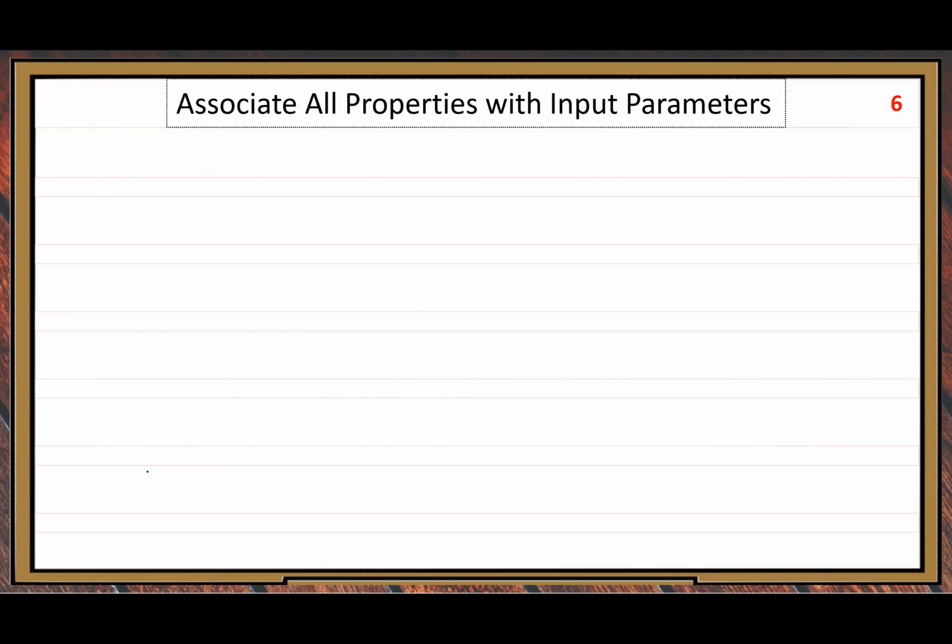So you have a chance to do that: associate all properties with input parameters, but you need some condition first. In order to use this efficient way, you need to have some basic condition first. So let's look at the syntax.